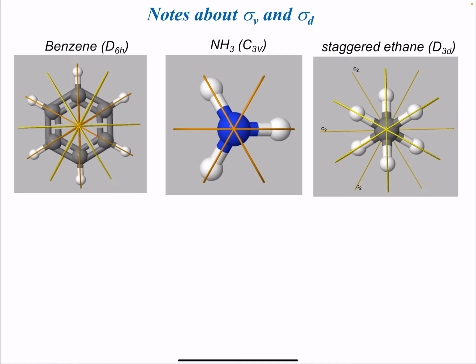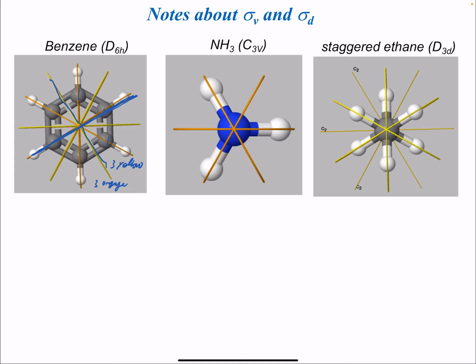We can use more examples to tell the difference between sigma v and sigma d. Like in this benzene case, you can draw 6 vertical reflection planes perpendicular to the benzene molecule. 3 are orange color, another 3 are yellow color. But how can we tell which set is sigma v and which is sigma d?